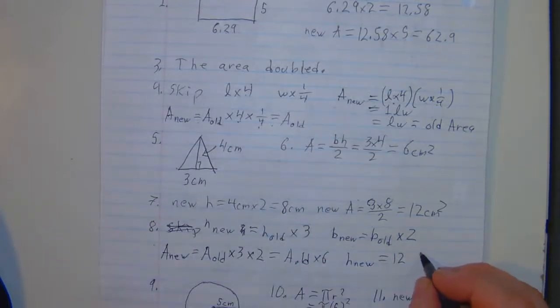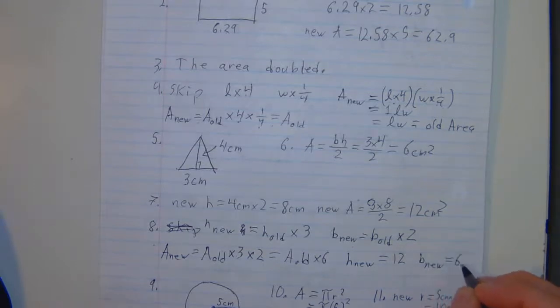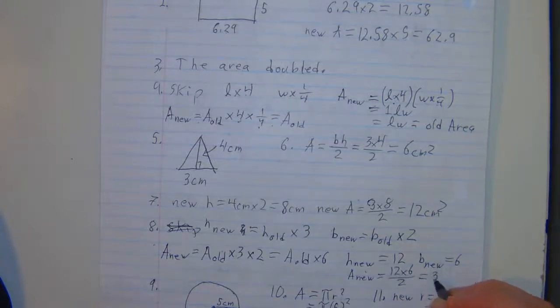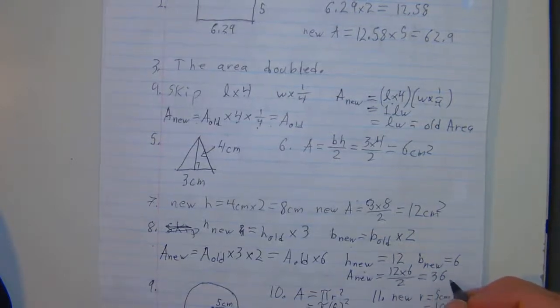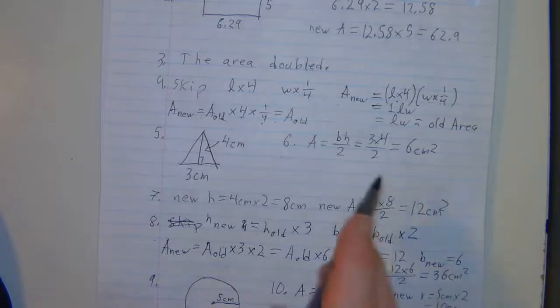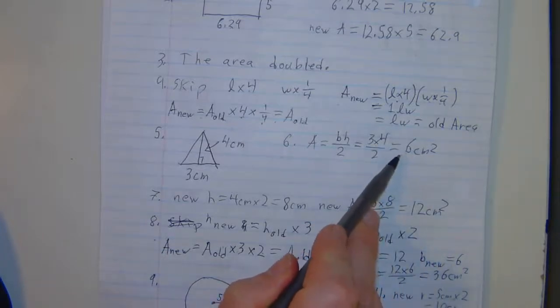So my new base is going to be 3 doubled, which is 6. And so my new area is going to be 12 times 6 divided by 2, and that is 36. And you can see that 36 centimeters squared is indeed 6 times as big as the original area.